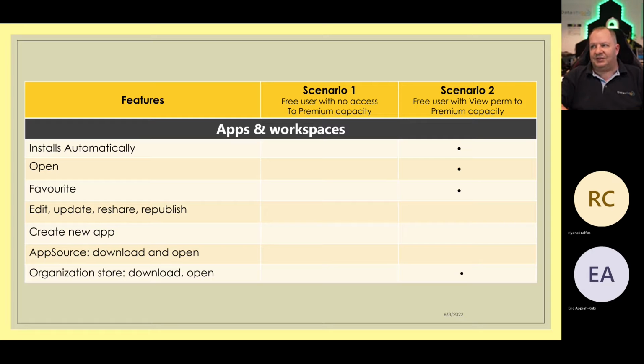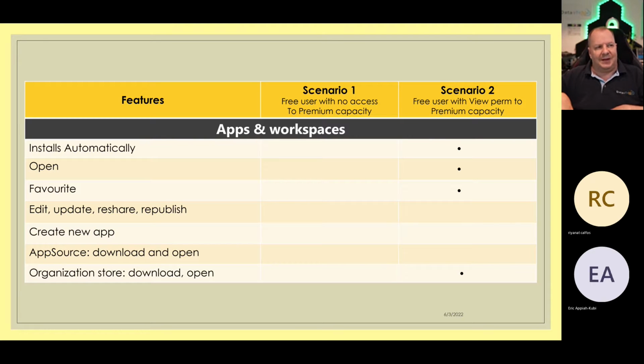So we have premium scenario 1, where the free user has no access to any premium capacity, and you can see there's no option to install, open, favorite, anything. It's just not possible. But with scenario 2, where the free user is using premium deployed reports, in the premium capacity, they can open those, they can favorite them, and they can download those as well.